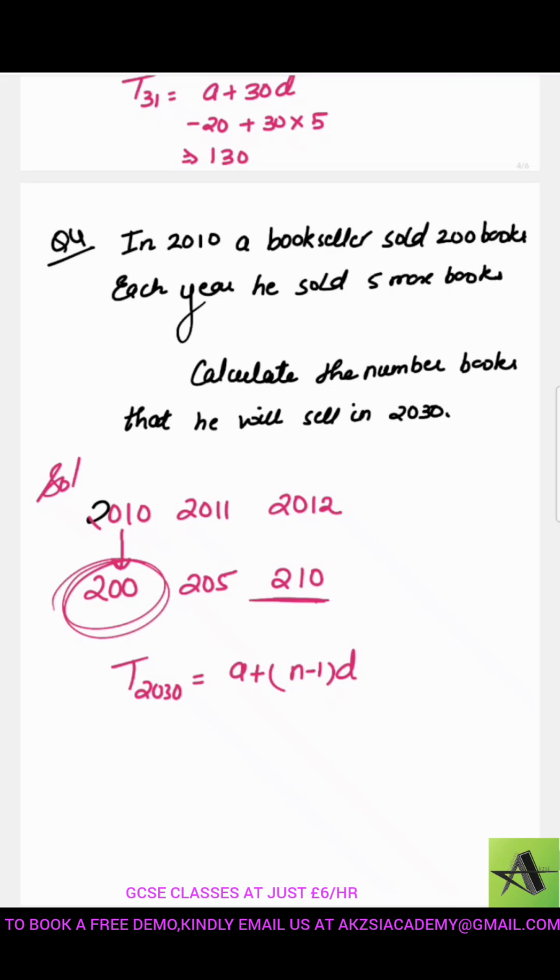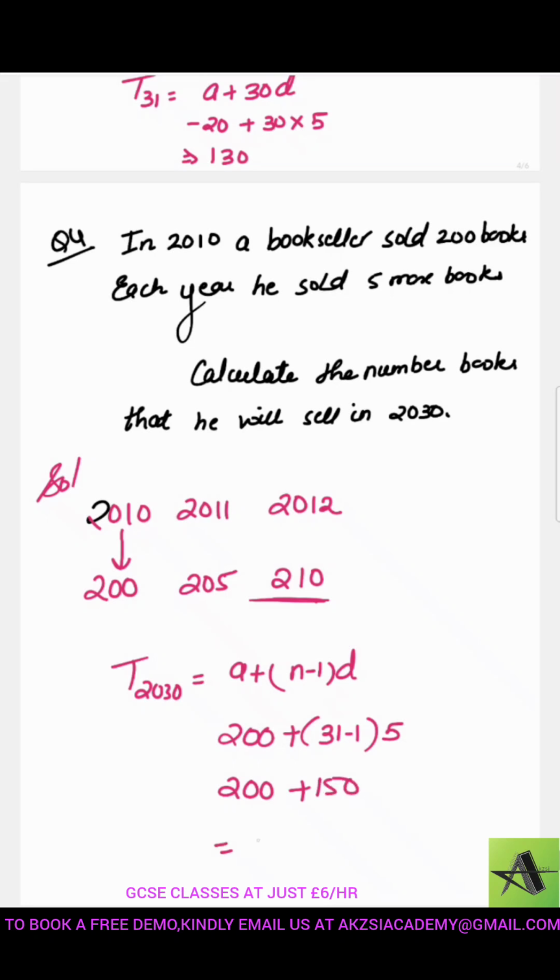A is clearly the first term, which is 200. N is 31, so 31 minus 1, and d, the common difference, is 5. So 200 plus 30 times 5, which is 150. That will give you the answer as 350 books. So in 2030, he will sell 350 books.